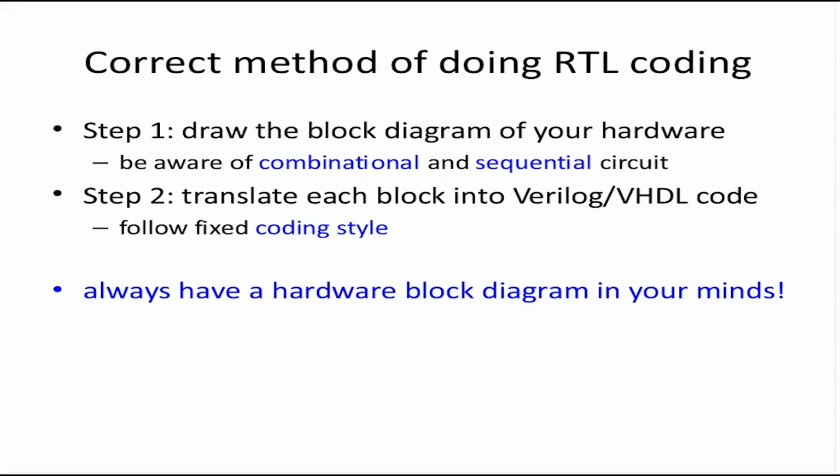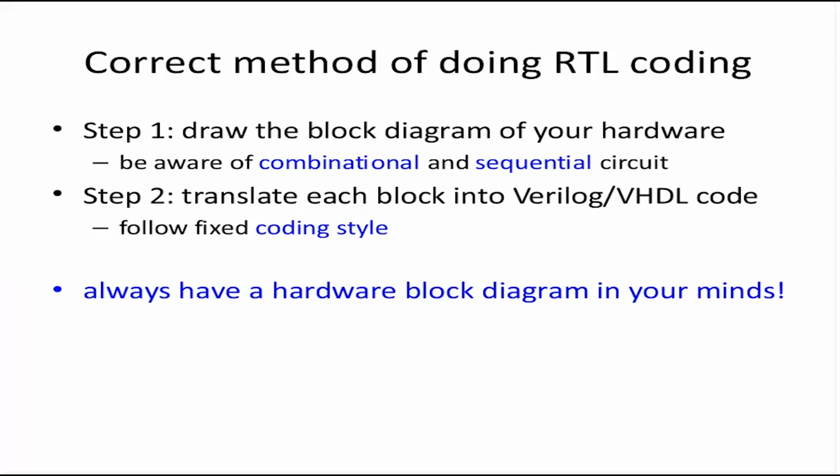So the correct method of doing RTL coding: step 1, you should have a block diagram of your hardware in mind. We should be very clear about what is the combinational part of our design and what is the sequential part, so that we can translate it exactly into an effective RTL. You should follow fixed coding.